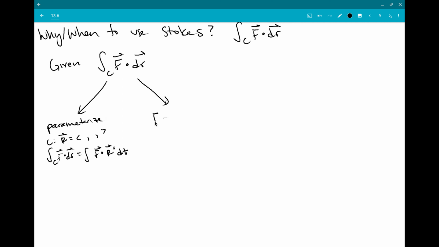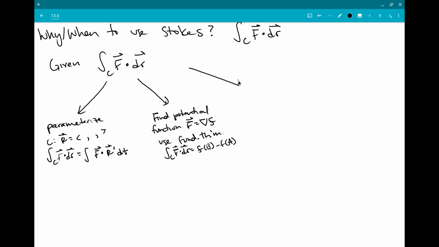Or you would have found the potential function so that your vector was actually a gradient. And then you would have used the fundamental theorem. Your line integral is actually just f at the endpoint minus f at the starting point. So those are the two old ways that you knew how to compute line integrals.